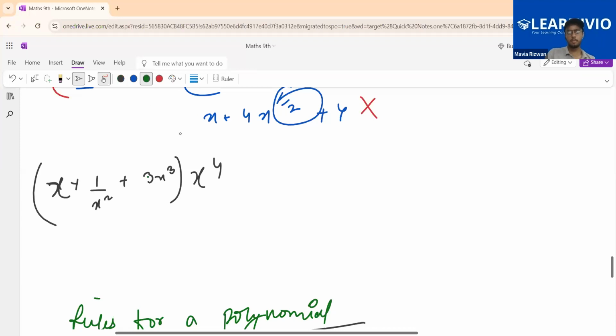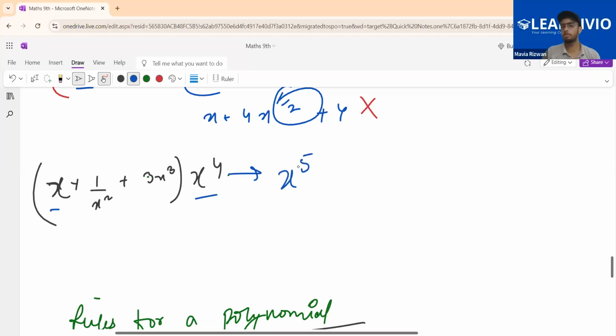Because it will be x minus 2. Okay, see. Now, I can multiply this inside, right? x raised to the power 4. So if I multiply this, this means x into x raised to the power 4. So this will make it x raised to the power 5.